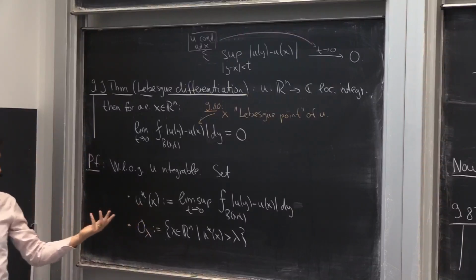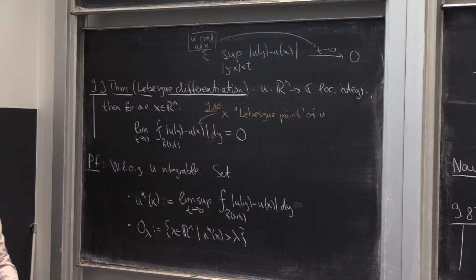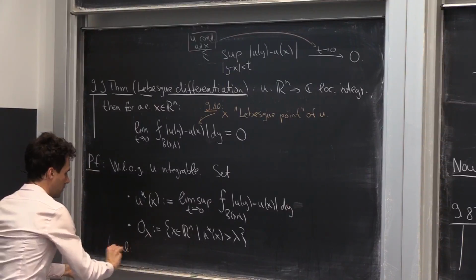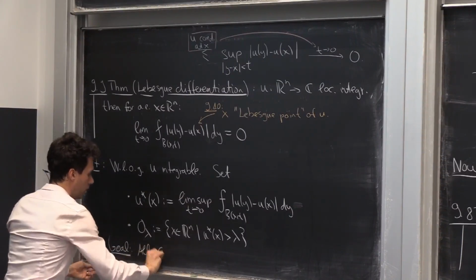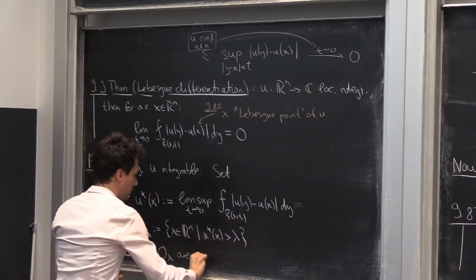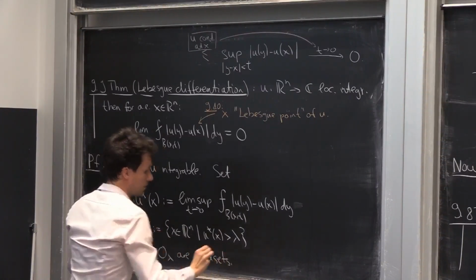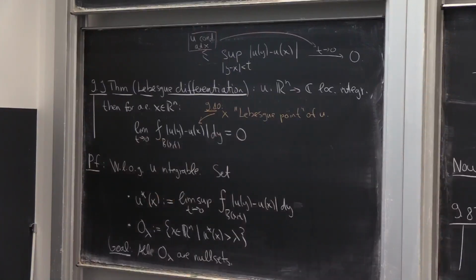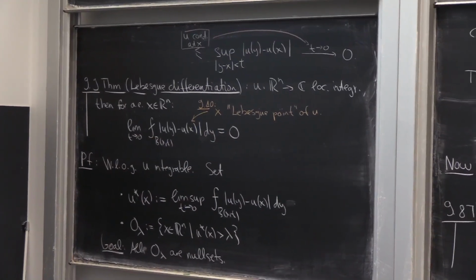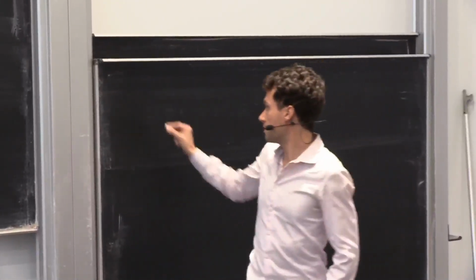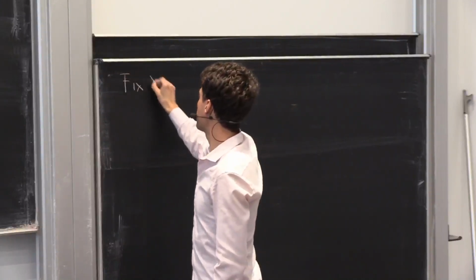Then u star has no chance of taking a value other than 0. So the goal is that all O_lambda are null sets. I'm going to fix lambda, and I'm going to prove that O_lambda is a null set. So I'm going to show that the measure of O_lambda is less than any epsilon. Lambda is fixed. Okay, so fix lambda.